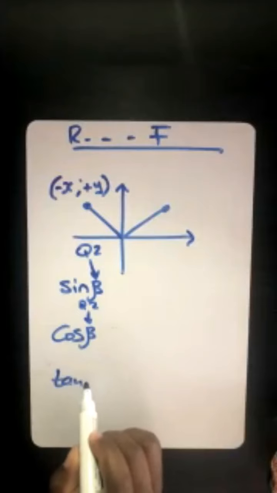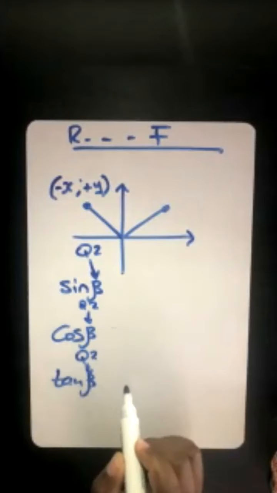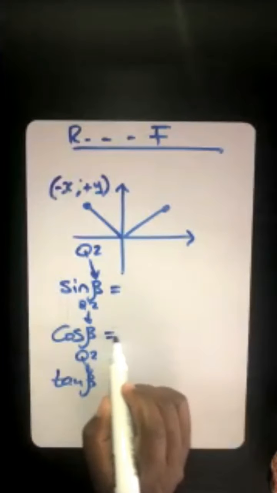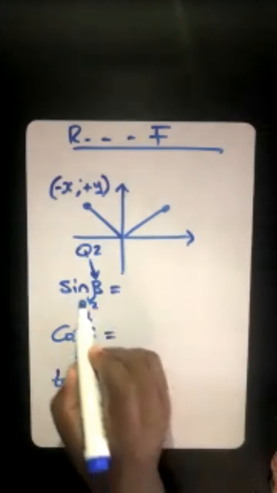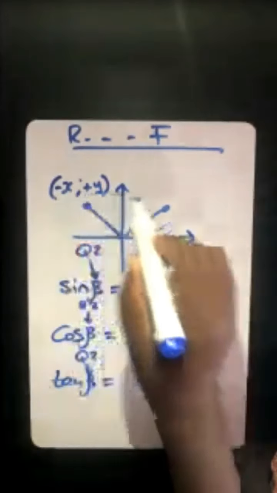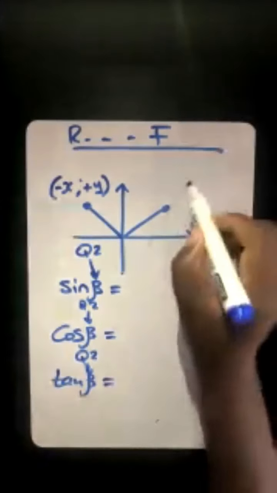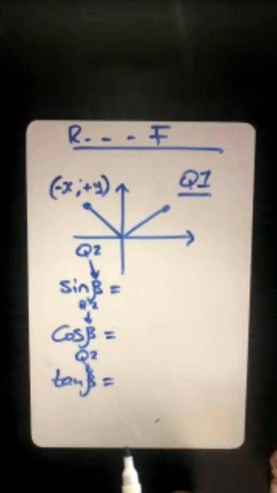And again we've got tan beta, and this angle again falls in quadrant number 2. Let's try to use the reduction formula to reduce that angle which falls in that quadrant to fall in quadrant number 1.